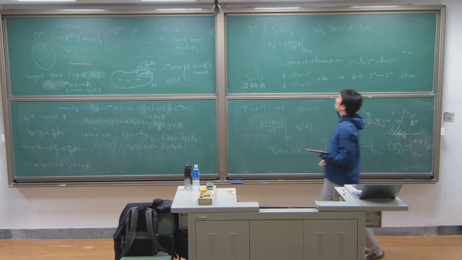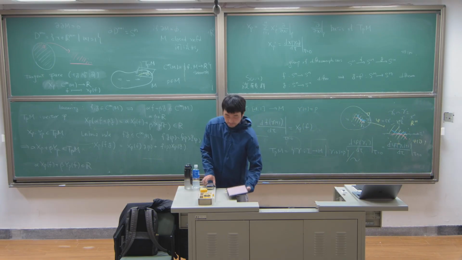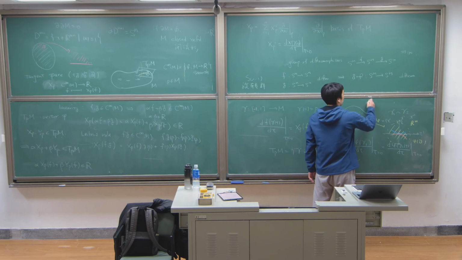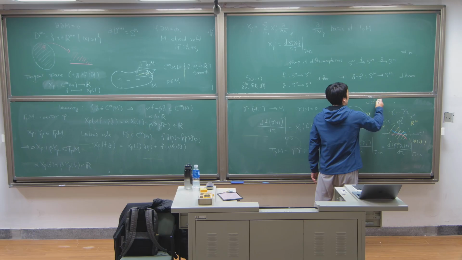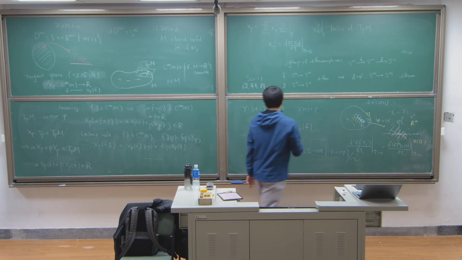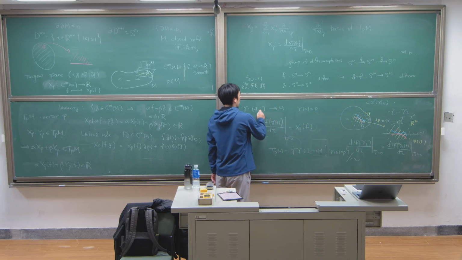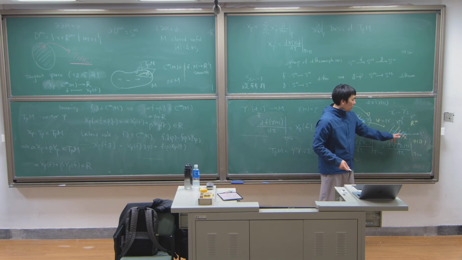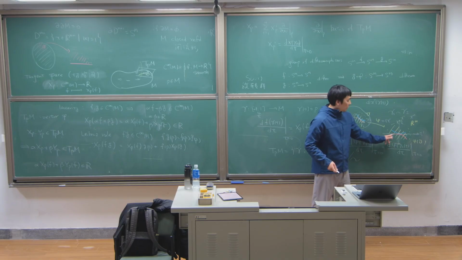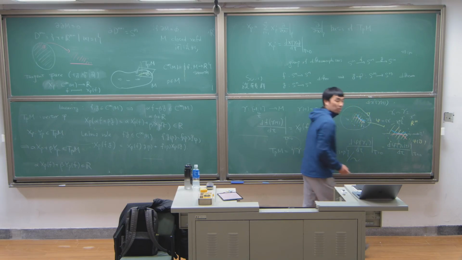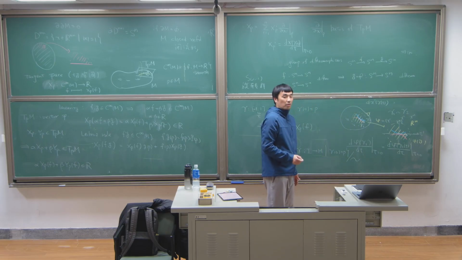Then you can have a notion of d xi of gamma of t, which measures how this curve moves along t, where t is the variable of the segment. So the curve is parameterized by t. If you take a derivative with respect to t, you really get a tangent vector of the curve.